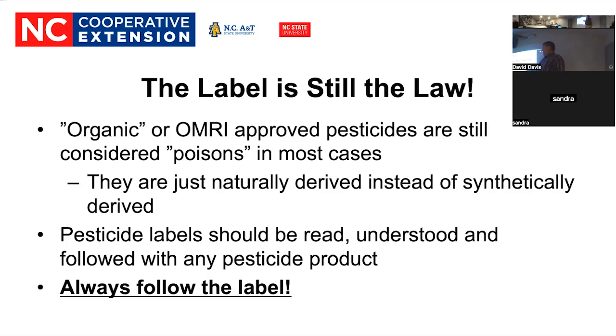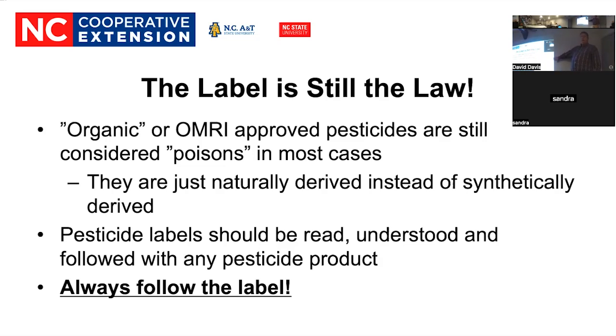And so just because it's labeled organic, that doesn't mean it's safe for bees, doesn't mean it's safe for pollinators, it doesn't mean it's safe for you. They're all really just naturally derived. So instead of being man-made products, like a lot of our insecticides and fungicides, it's either plant derived or some kind of natural made compound.